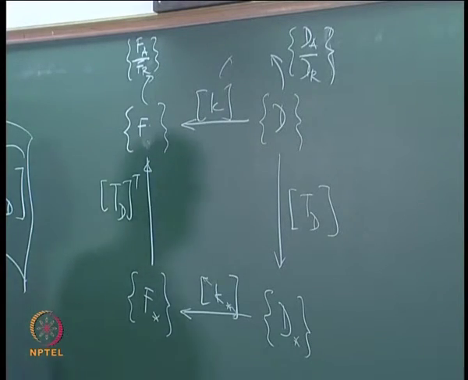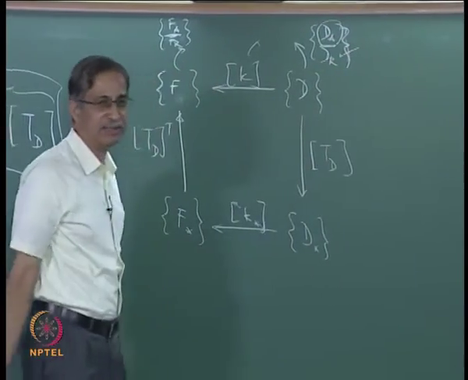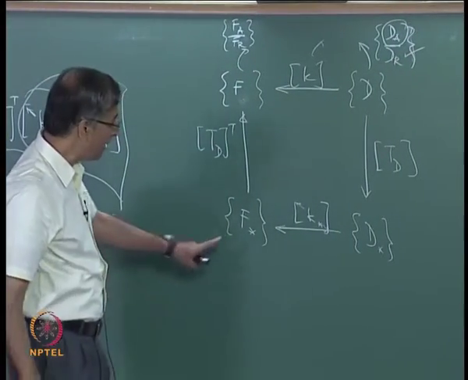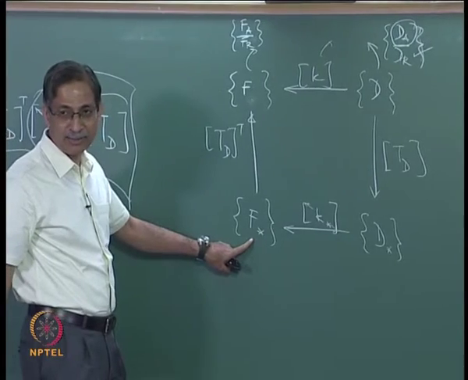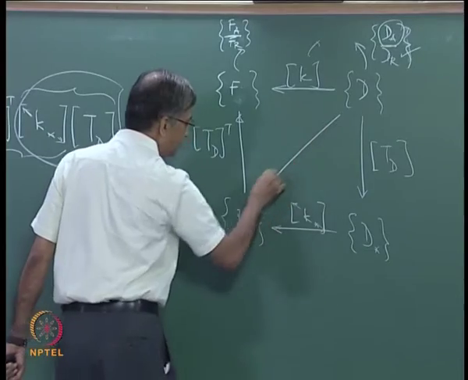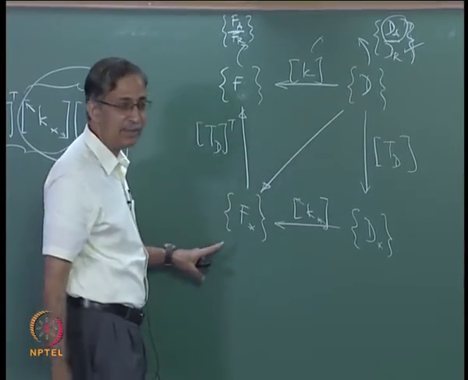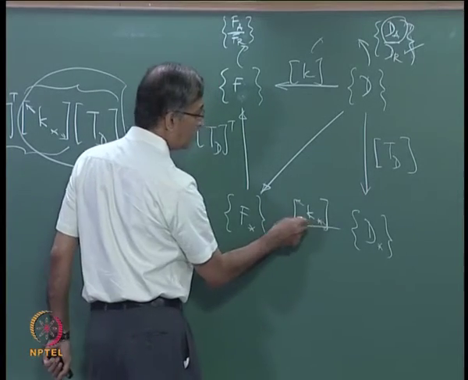But at the end of the day you are going to find out this, and this is known to be 0. You want to find the internal forces, these are the member end forces. So you have a shortcut route here. After you know this, you can get this directly by doing this transformation.